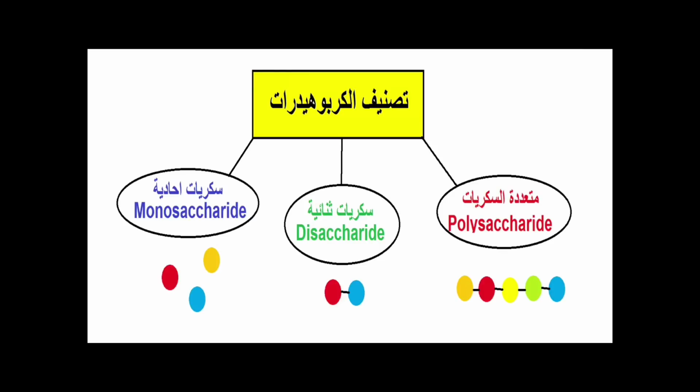I have decided to include this image that I created a while back for one of my bio classes, and it just helps you remember. So monosaccharides are single monomers, disaccharides are dimers, and polysaccharides are polymers.